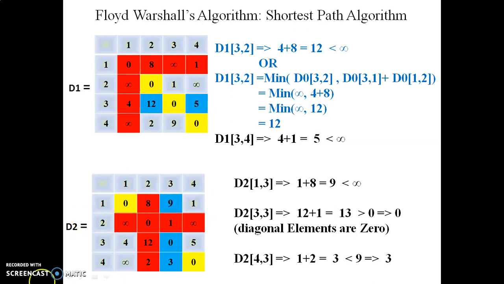There is an infinity over here and infinity over here. Wherever there is an infinity, as I told you, the corresponding row or column will be marked with the same index values as that of the previous matrix. Since there is an infinity here, all the elements of the first column will be same as that of D1. Similarly, there is an infinity over here, so all the elements of the fourth column will be same as that of D1: 1, infinity, 5, 0.